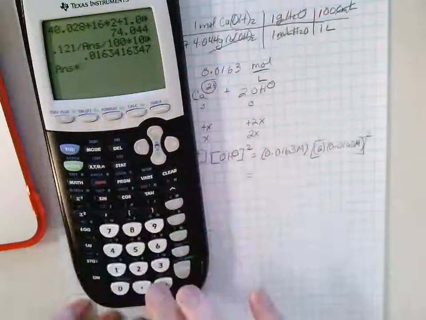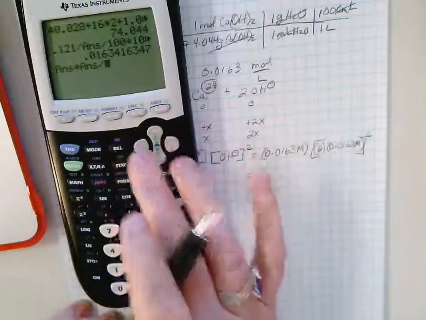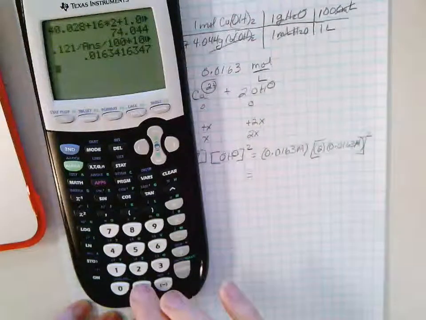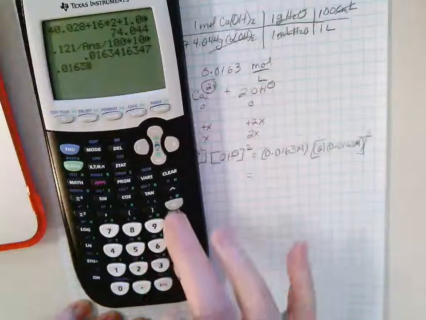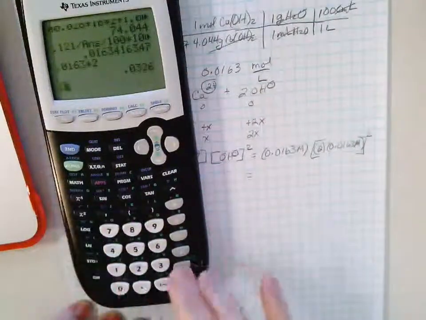So then when I do this math, oh wait, let me clear this. I don't want to do it that way. So I'm going to take 0.0163 times 2 equals. Now I'm going to square that answer.